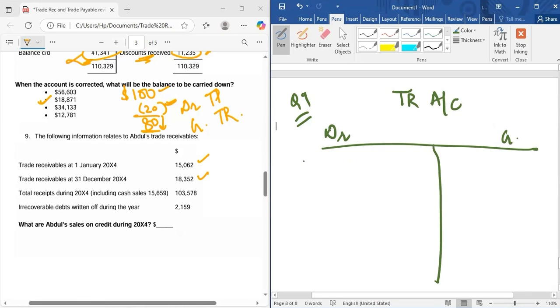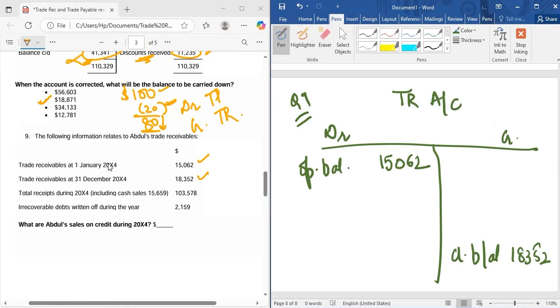So opening would come here, and closing would come here, balance carried down. This is the opening balance, this is the closing balance, 18352. Okay.